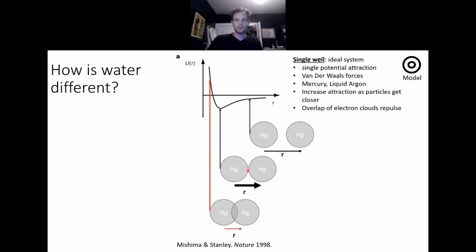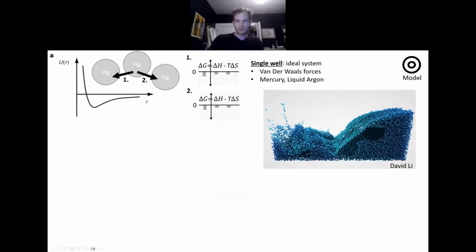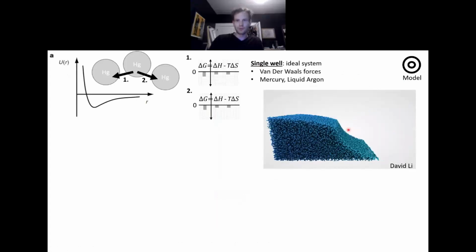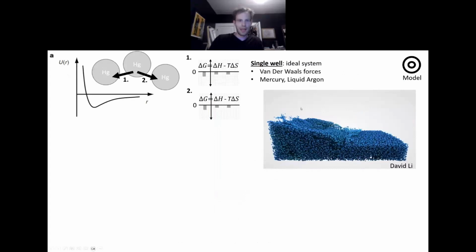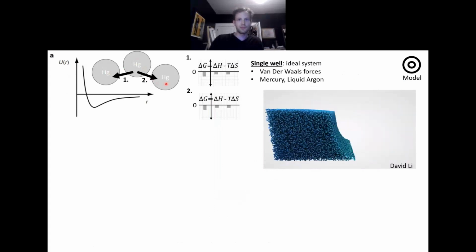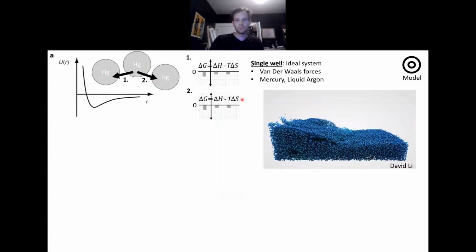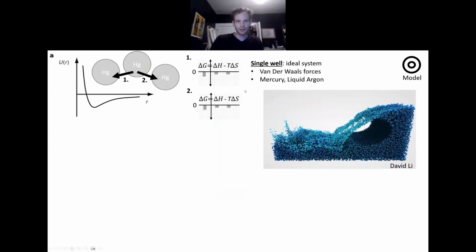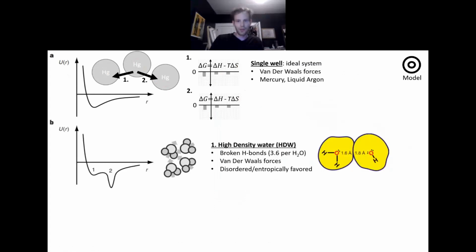And then if they get too close, the electron shells repulse each other and it takes energy to push them apart. This creates this ideal liquid, and if this molecule is trying to choose who to hang out with, mercury 1 on the left or mercury 2 on the right, then these energies look kind of identical, so it doesn't have much of a preference.